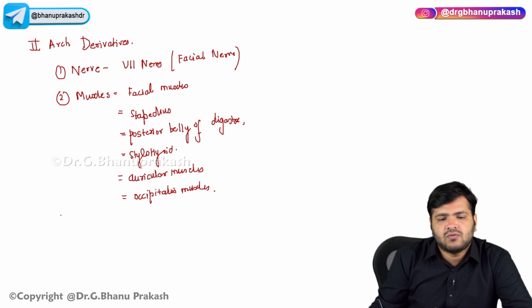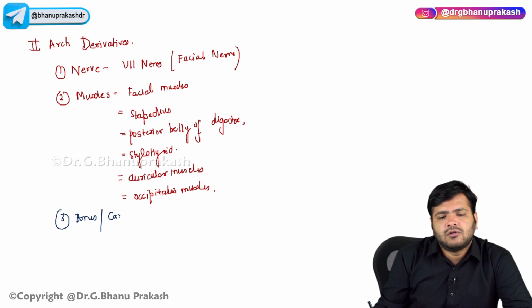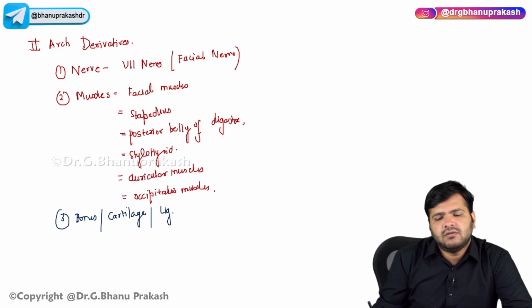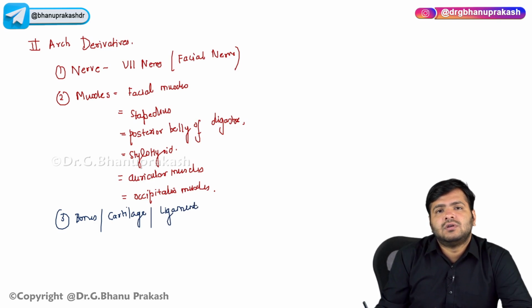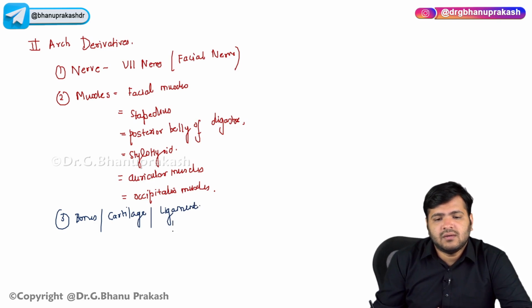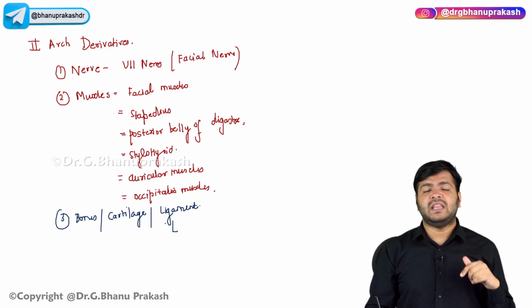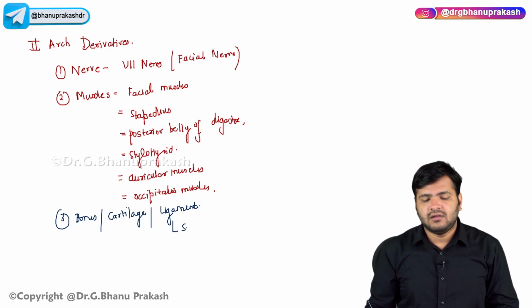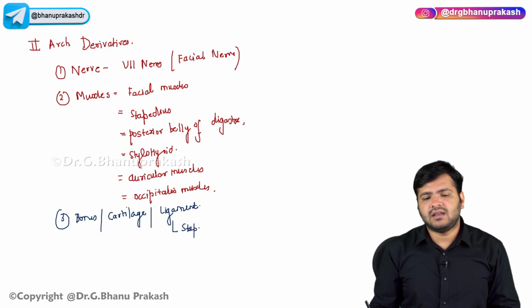So let us write about the bones, cartilage, and ligaments that you will get over here. These are the stapes. Okay, malleus and incus were from the first arch, so where will the stapes come? Yes, it is the second arch derivative.